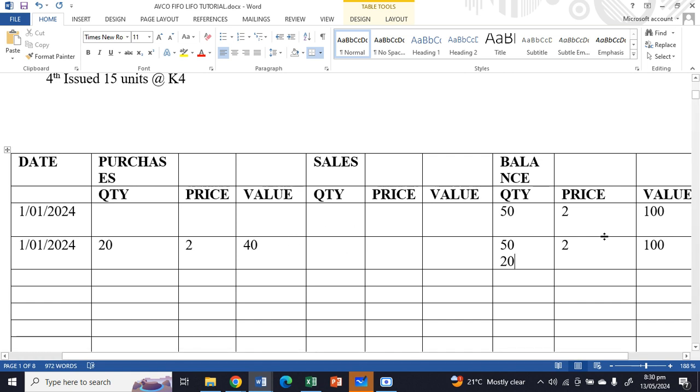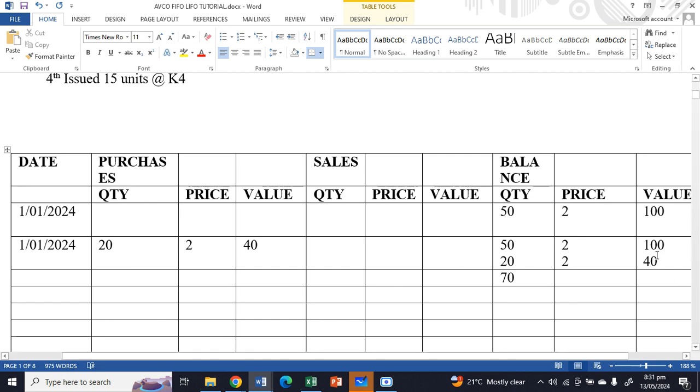The price is still 2 kwacha per unit. The value is 40 kwacha. So here we're going to get the average cost of our inventory. We add 50 plus 20. In total, we have 70 goods in our business.